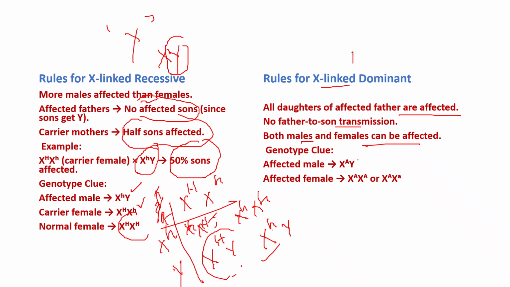So the affected male will have XAY, and the affected female will have XAXA or XAXa, that is either homozygous or heterozygous. Clear? So these are the genotypes that are represented in pedigree analysis.